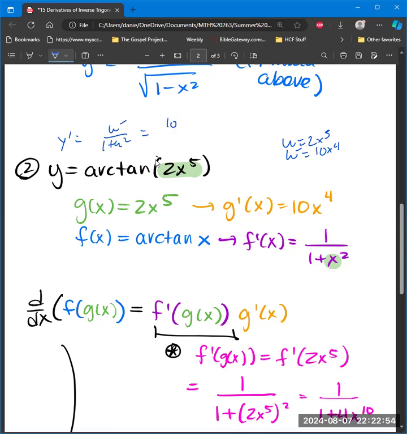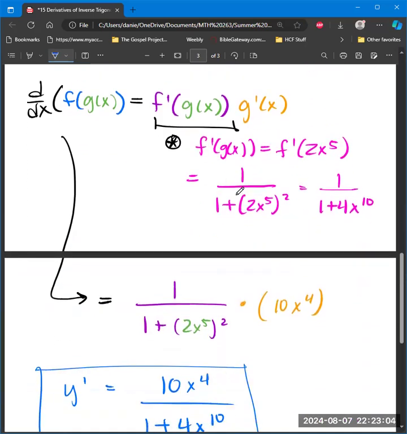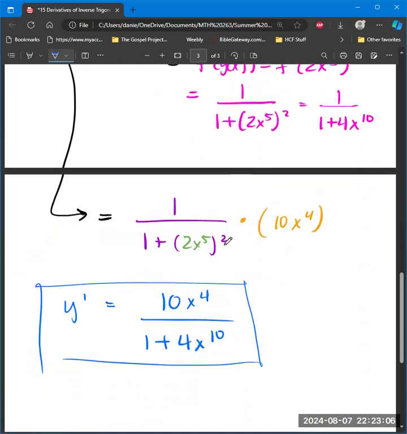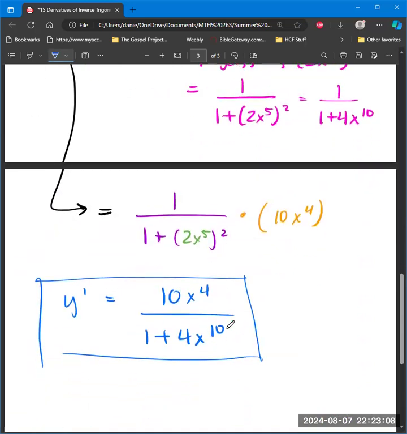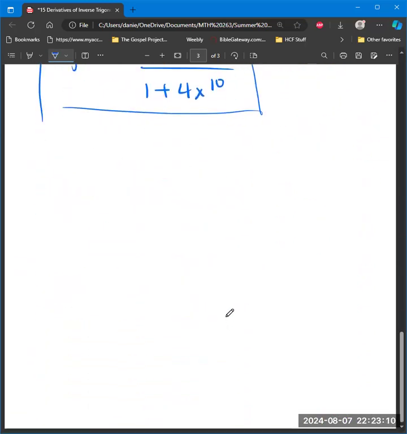It's going to be 10x to the 4th over 1 plus 4x to the 10th.